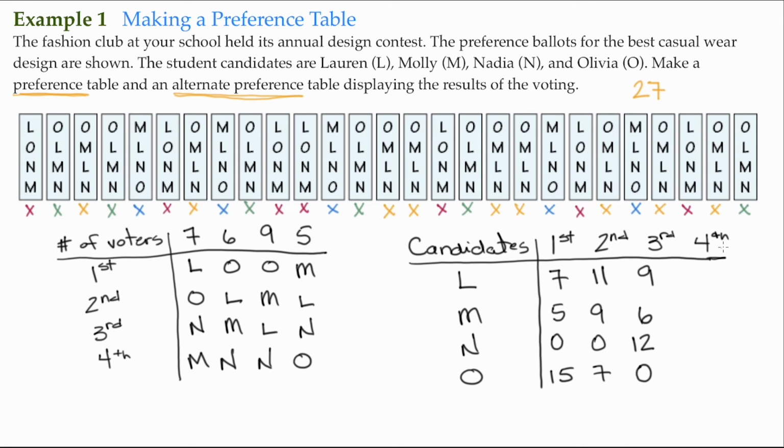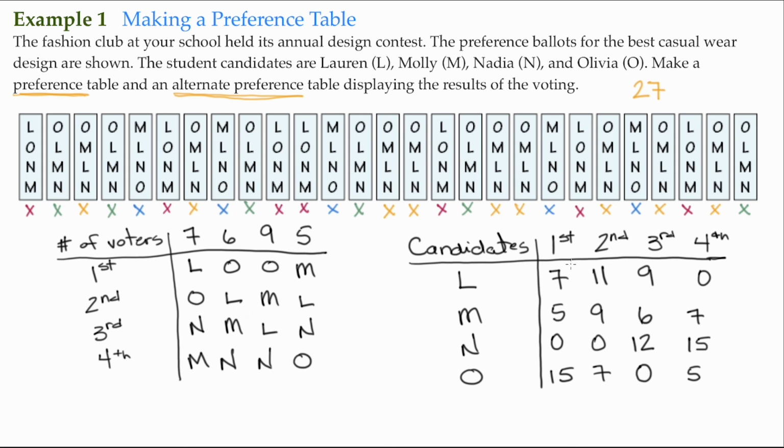And then for the fourth choice ranking, the fourth choice preference, Lauren did not get any. Molly got 7. Nadia, 6 and 9 got 15. And Olivia got 5.